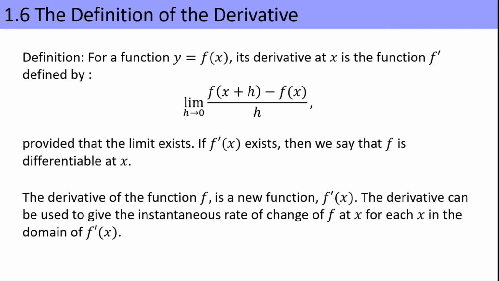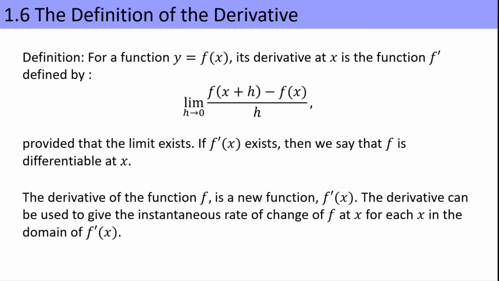And now the formal definition of the derivative. Definition: for a function y equals f of x, its derivative at x is the function denoted f prime and is defined by the limit as h approaches 0 of, in the numerator, f of x plus h minus f of x, all divided by h in the denominator, provided that the limit exists.